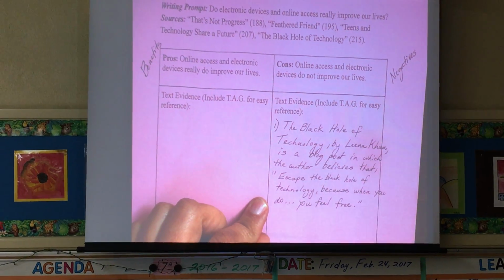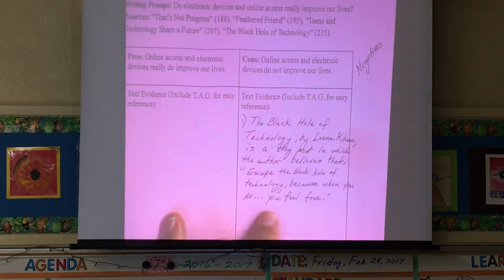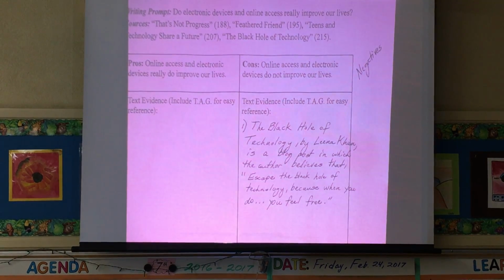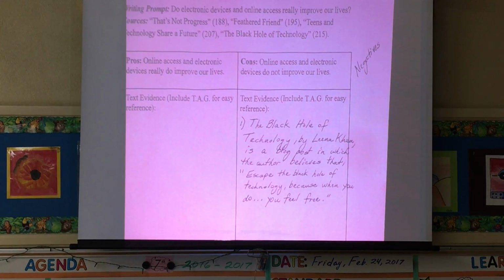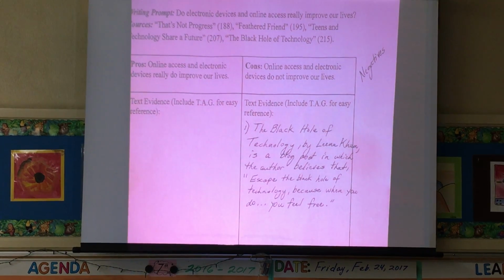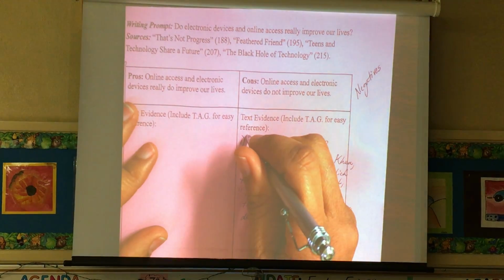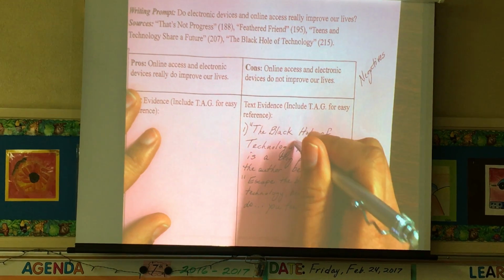Period, end quote. Sometimes you forget with a direct quote to include the end quote. So this is my TAG, title, author, genre, "The Black Hole of Technology" by Lina Khan. And I'm going to put the blog post in quotes.